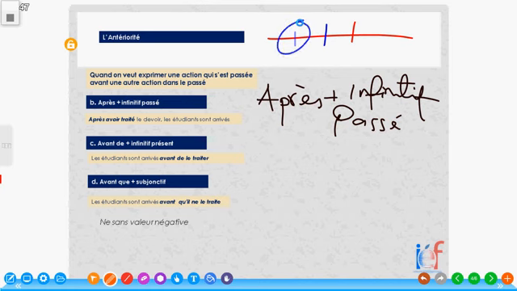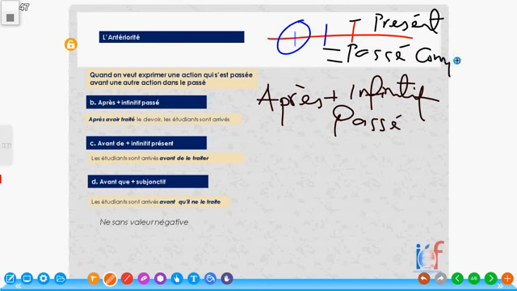So when I said après avoir traité le devoir, les étudiants sont arrivés, what am I saying?